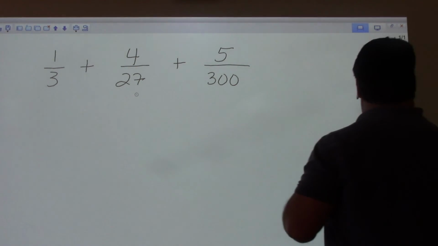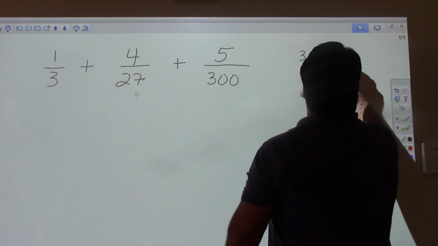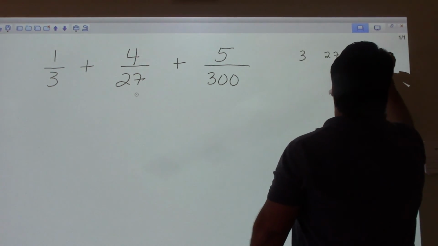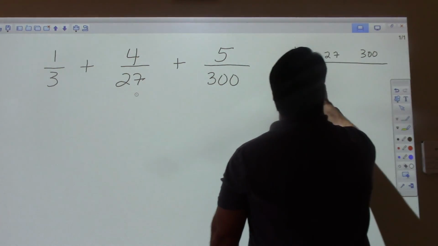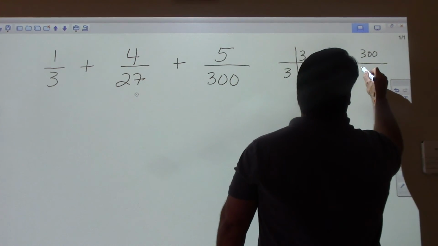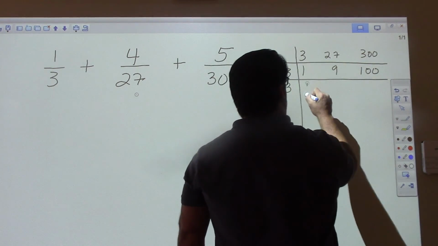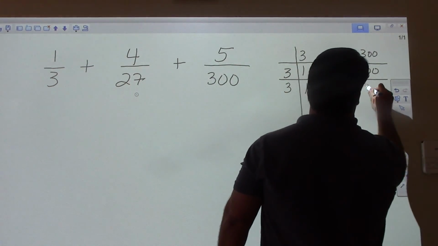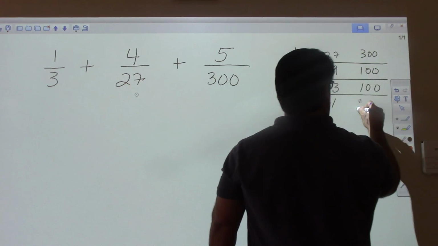All right. 3, 27, and 300. 3, 1, 9, 100. 3, 1, 3, 100. 3, 1, 1, 100.